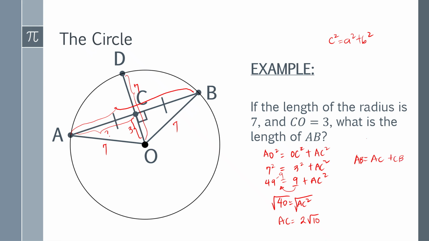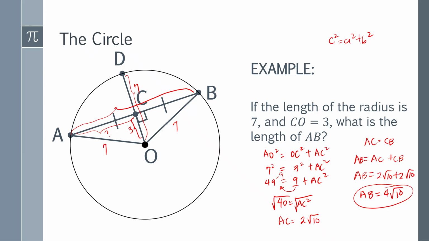And remember, AC is equal to CB. So AB here is 2 square root of 10 plus 2 square root of 10, which is 4 square root of 10. So this is your final answer.